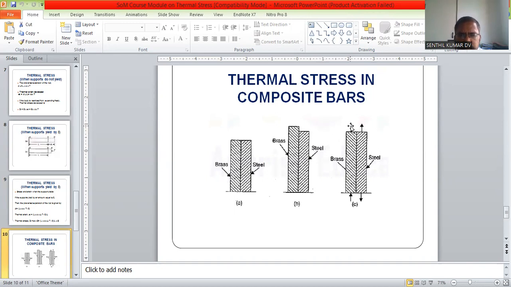How is it possible? The steel will exert a compressive force on brass, and the brass will exert a tensile force on steel, such that the elongations of brass and steel are the same.